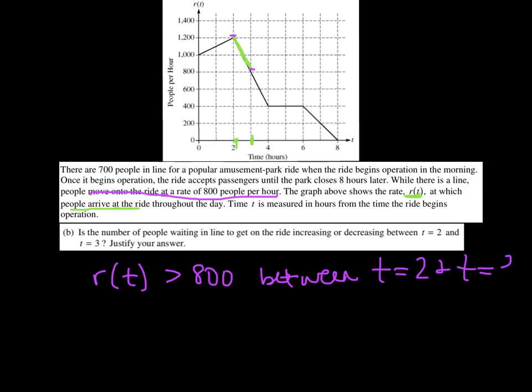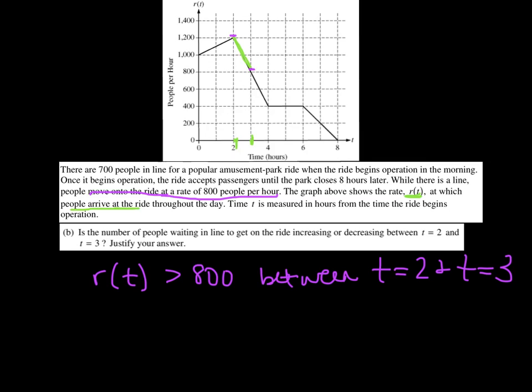So if I look here between 2 and 3, the number of people arriving is always bigger than 800. So I would say R of T is greater than 800 between T equals 2 and T equals 3.